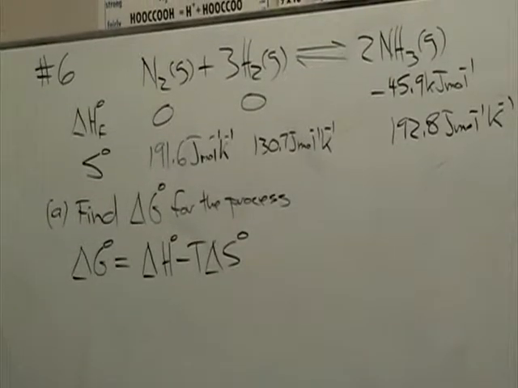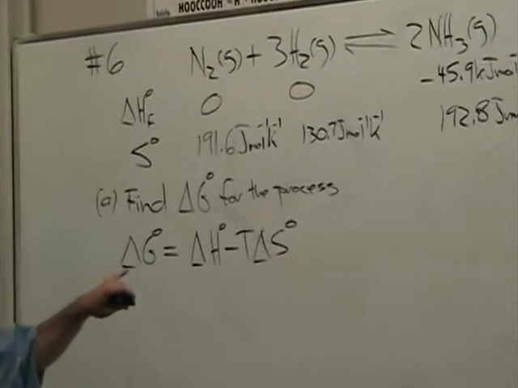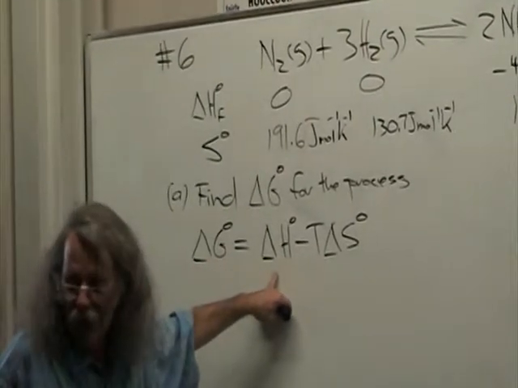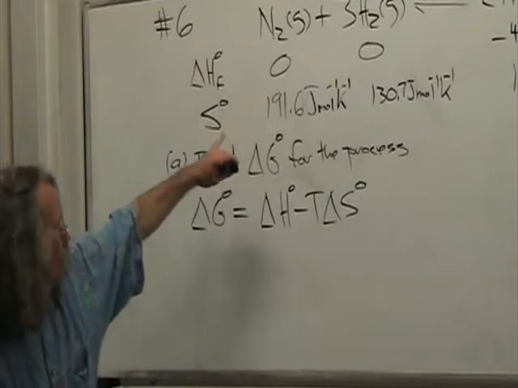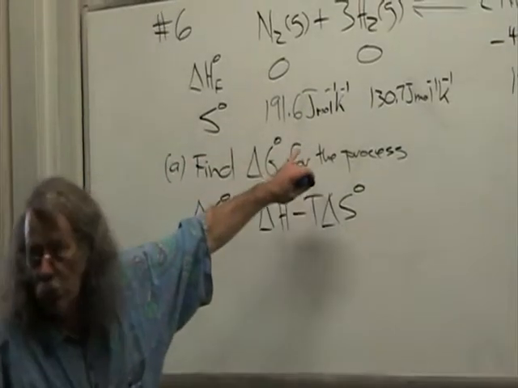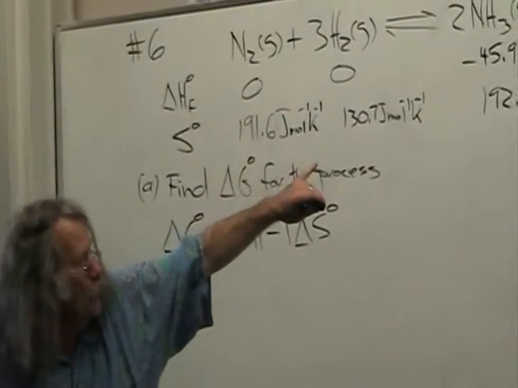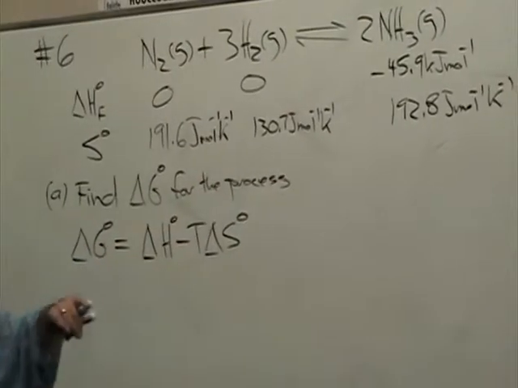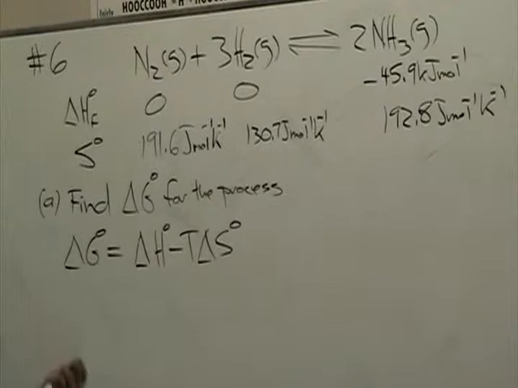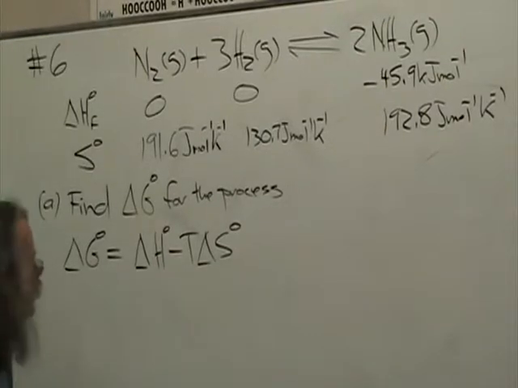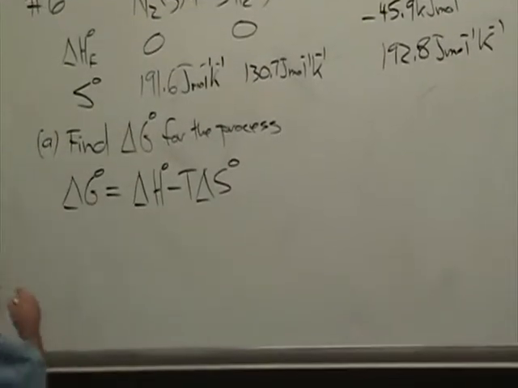And so now all we have to do, and this is the tedious part, is find both delta H naught and delta S naught. And please pay attention to the fact that the entropy is in joules per mole K and the enthalpy is in kilojoules per mole. Those are the two main traps to avoid when it comes to the calculation of this.